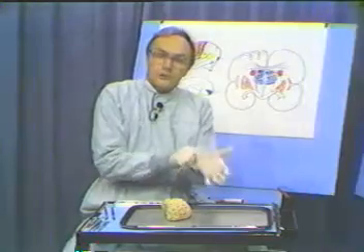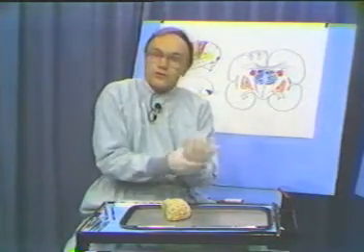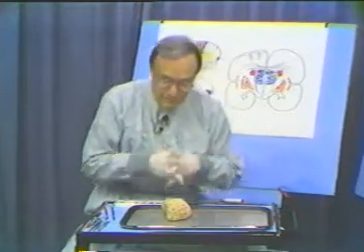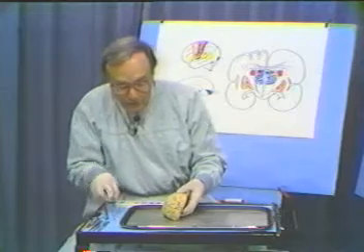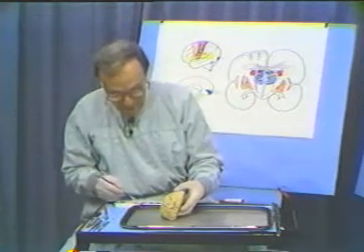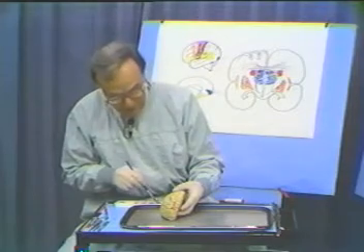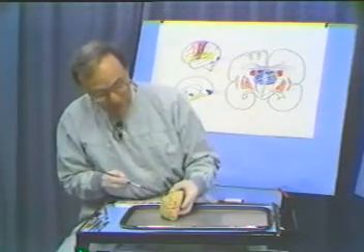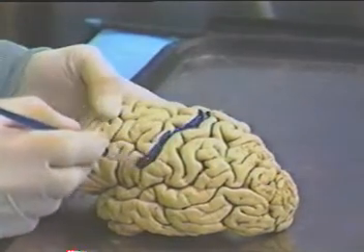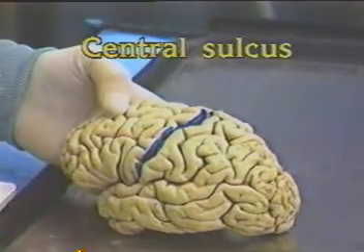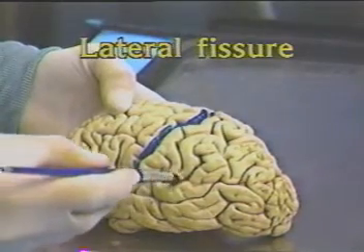We'll now go to the specimen and identify the different lobes and the sulci and the gyri. Here we have cleaned the specimen very well, taken away the pia arachnoid, and now we'll use watercolors and identify the different sulci. Here in the middle is the central sulcus. Here, of course, is the lateral fissure coming up.